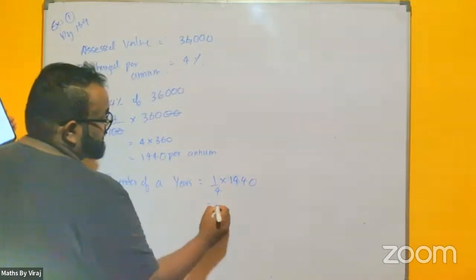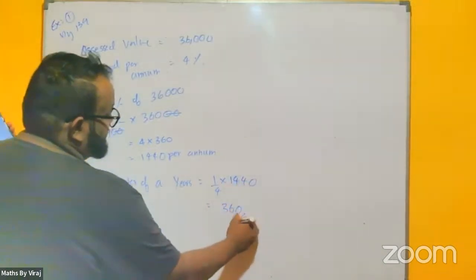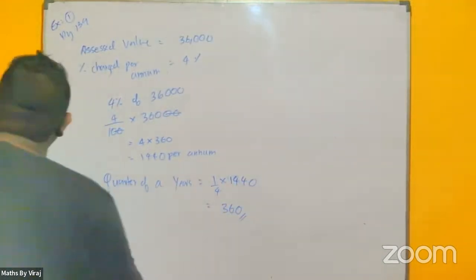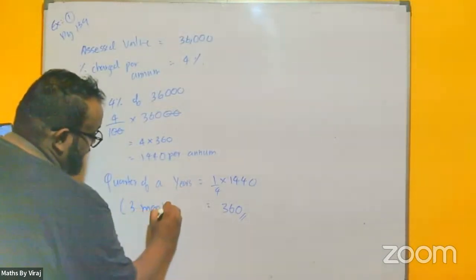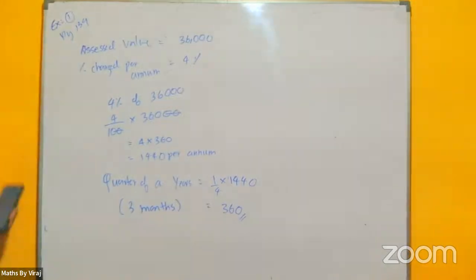That is 360. When you say quarter of a year, you should understand that it's a period of 3 months. How many months are there in a year? Yes, 12. A quarter is 1/4 of that, right?